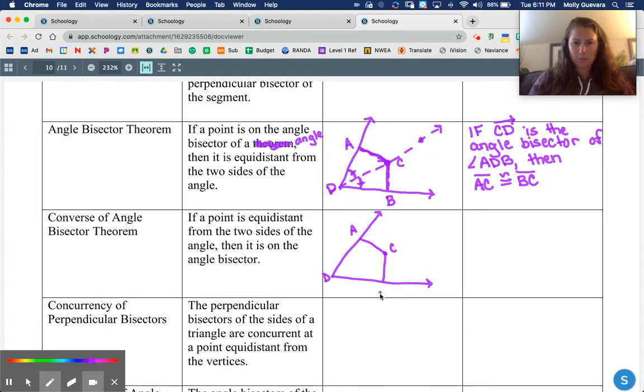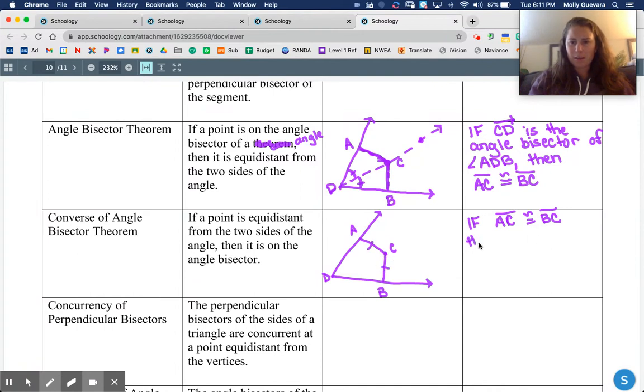All right, A and B. So this says if AC is congruent to BC, so let's say I'm given this, then I automatically know that DC is the angle bisector of angle ADB.